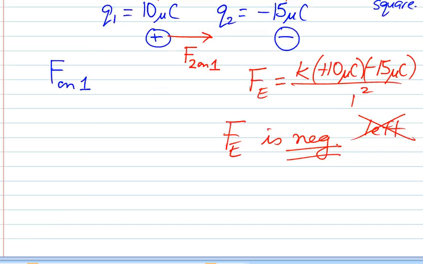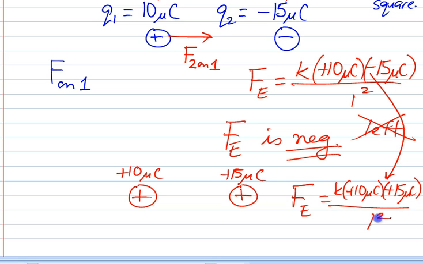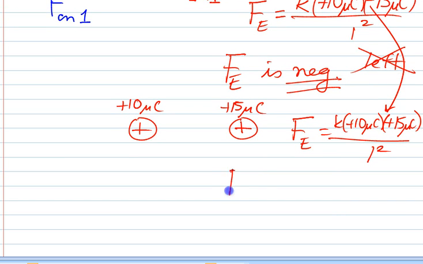Likewise, if I have a positive and a positive, let's say I have plus 10 and plus 15, the only thing that would change would be the plus sign from a minus. And what happens here is I'm going to get a positive value. But clearly, what Q2 is doing to Q1 is pushing it away to the left.